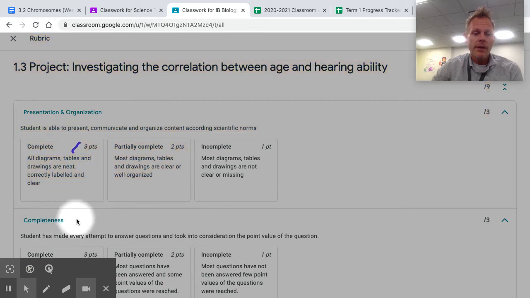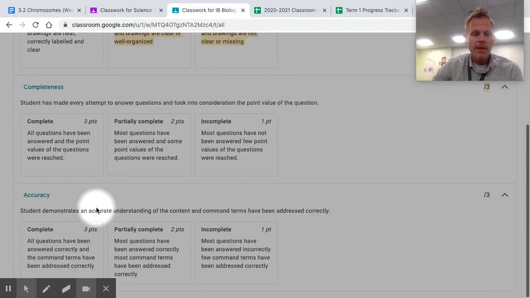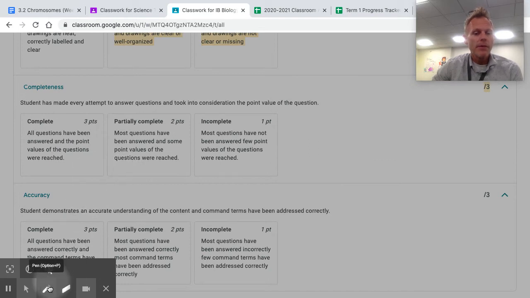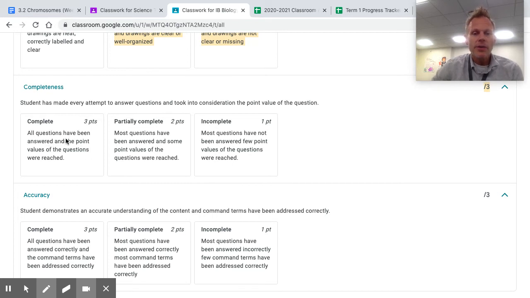The next category is called completeness. Right away you would think, oh yeah, I've answered all the questions. But I also want you to pay attention to the values of the questions.